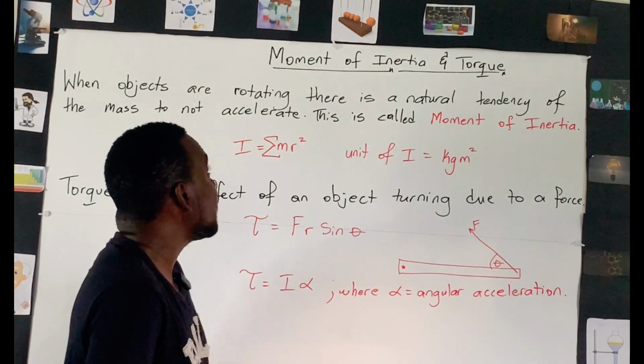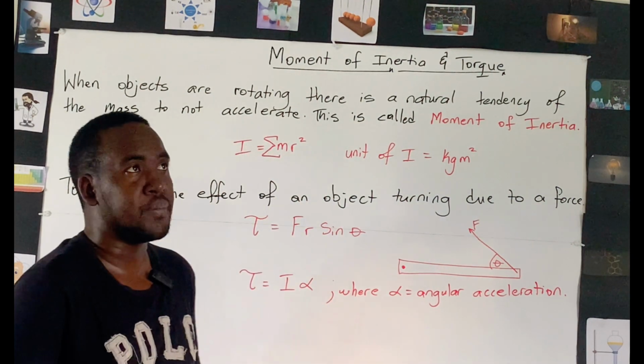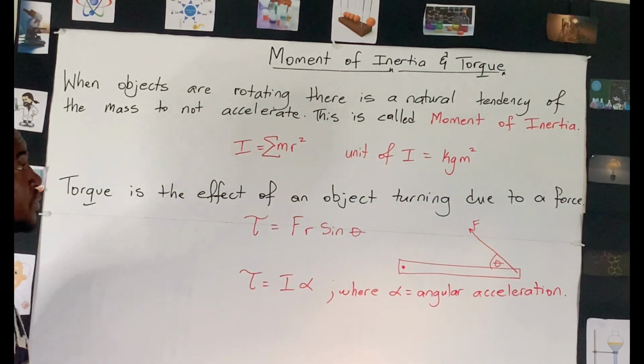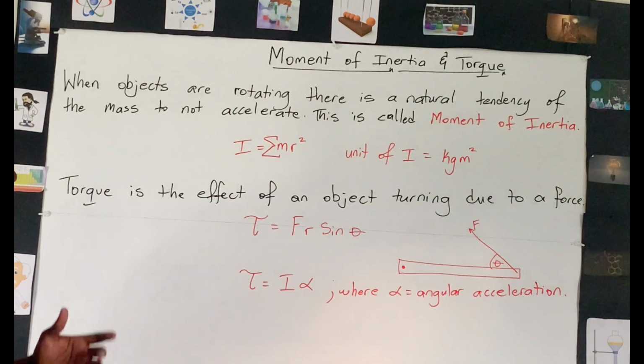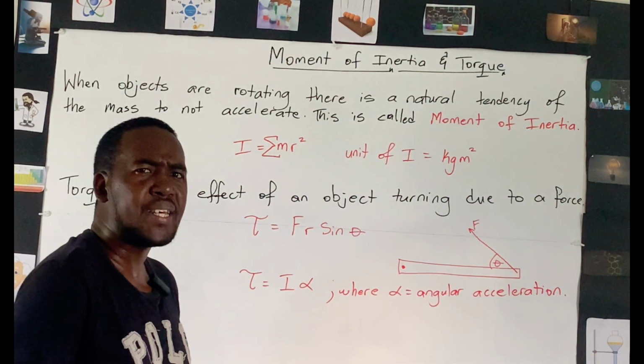Now, the term moment of inertia, what exactly does that mean? Moment of inertia has to do with the resisting ability of objects when they are rotating.